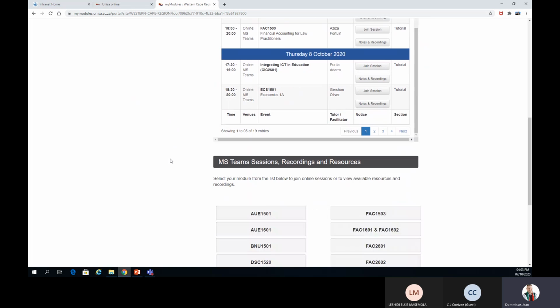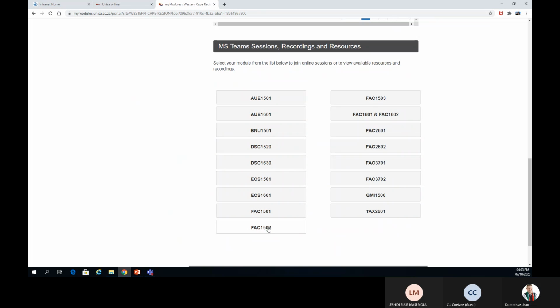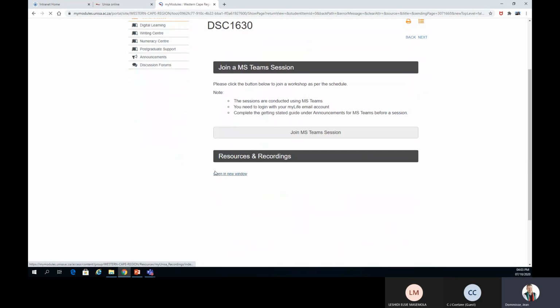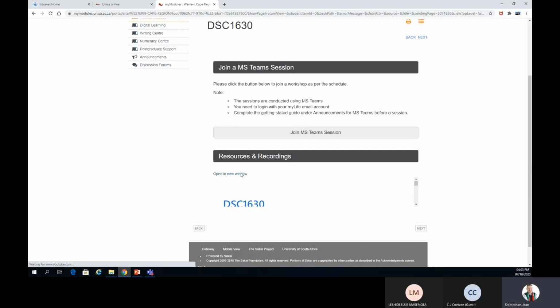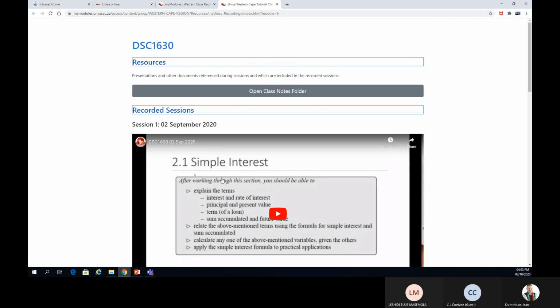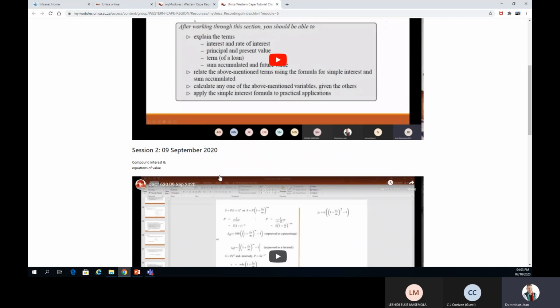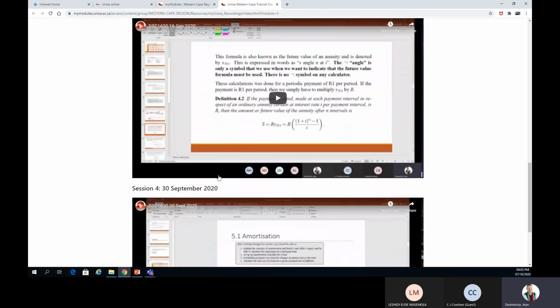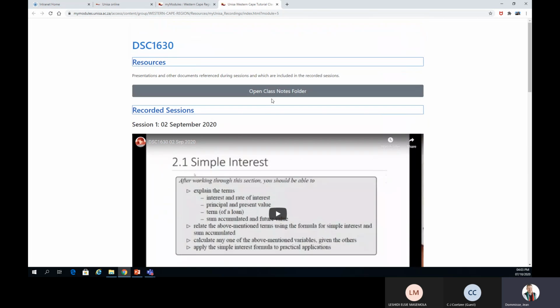At the bottom, there are also the classes that are currently running. If you click on the DSC1630 recordings and resources and open it, it's supposed to be there. If it's not, then okay, the recording there, the last four, I just want to see now.